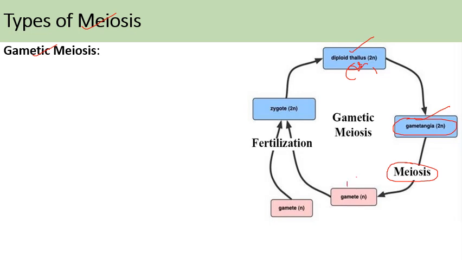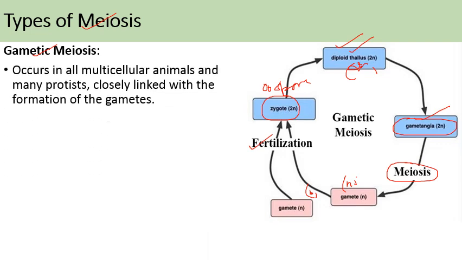Then they will undergo the process of fertilization and form the diploid zygote, which is also known as oospore, and it will grow into the mature diploid thallus. So this type of meiosis, which occurs during the formation of gametes, is known as gametic meiosis. It occurs in all multicellular animals and many protists, closely linked with the formation of the gametes.